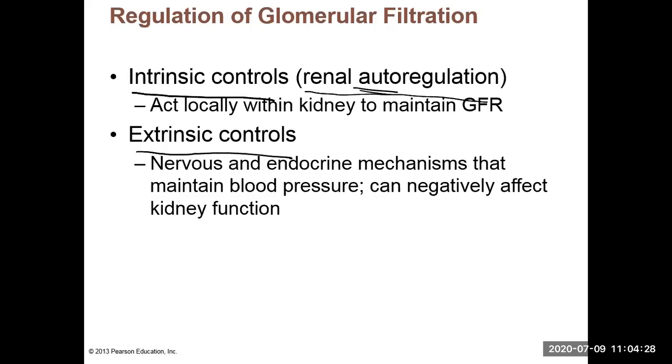Extrinsic control is something that happens outside. This could be, for example, the nervous system or hormonal control, the endocrine system, that could maintain the blood pressure and so on, and can affect things differently. It's not within the kidneys, it's outside of the kidneys. So those are called extrinsic controls.